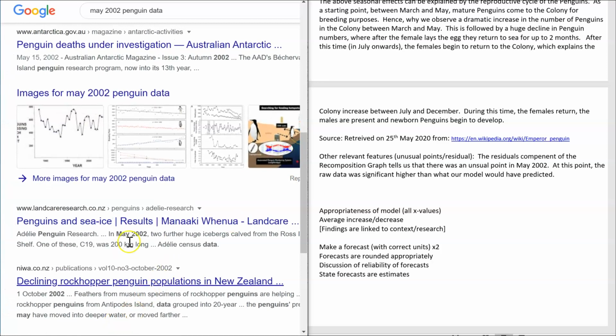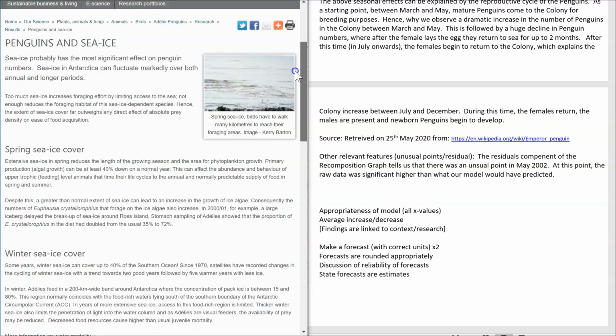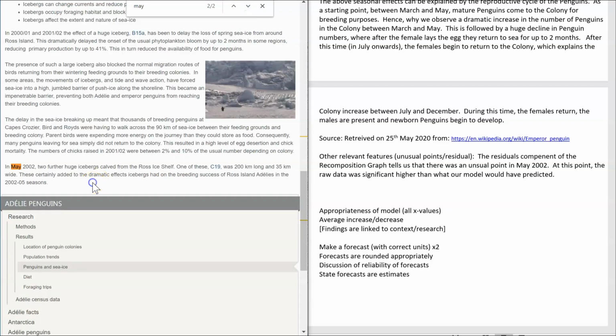Potentially what we can see is in May 2002, so it's probably not a coincidence. Let's Google May. There you go. In May 2002, two huge icebergs halved a shelf, and for some reason this meant there were more icebergs.